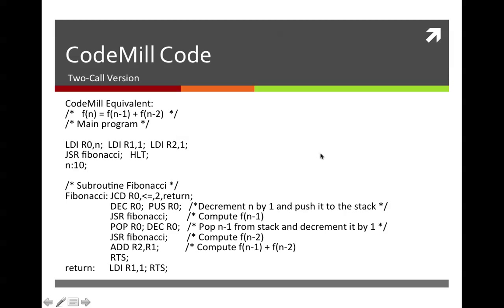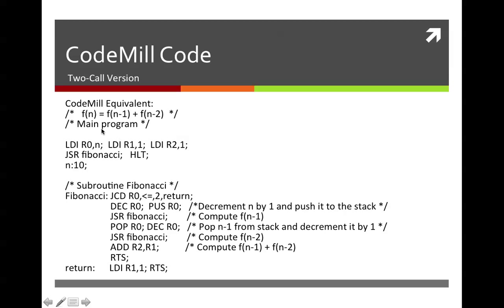And so the first thing that we do is to identify the registers that would be related to the values in this recurrence. So what we do is we associate f of n minus 1 with R2 and f of n minus 2 with R1.